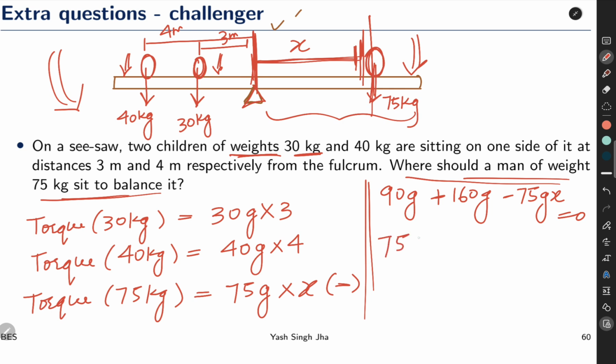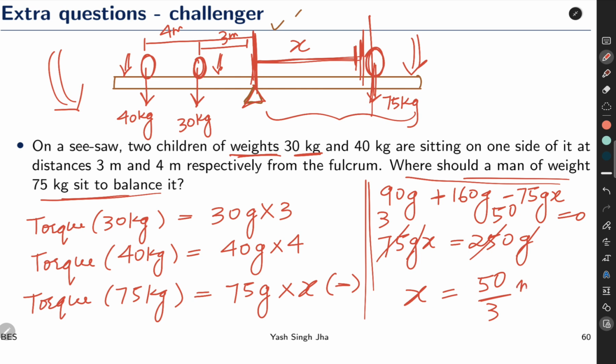So 75gx equals 250g, g cancels out, and x will be 50 upon 3 meters.